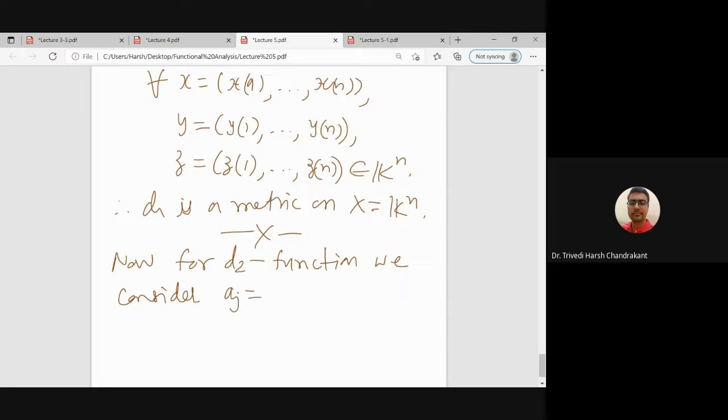So aj is the notation for |xj minus zj|, right? The first term on the right hand side, and bj is the second term on the right hand side, that is the right hand side of equation 1, that is |zj minus yj|.